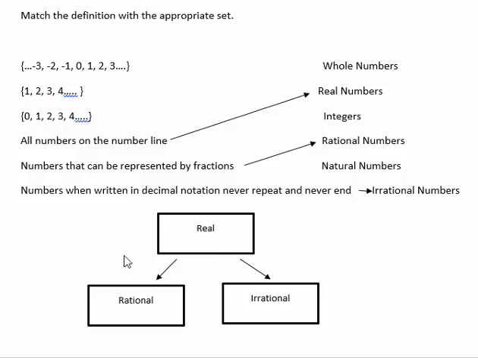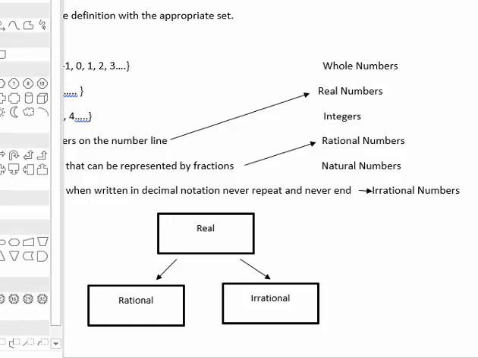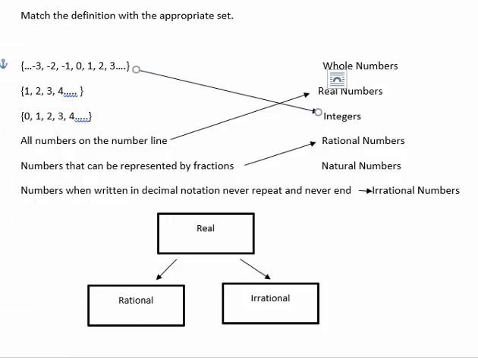Below the set of rational numbers are other numbers, and we're going from the most general to the most specific. Right below rational numbers would be the set of integers, which are the positive and negative whole numbers.